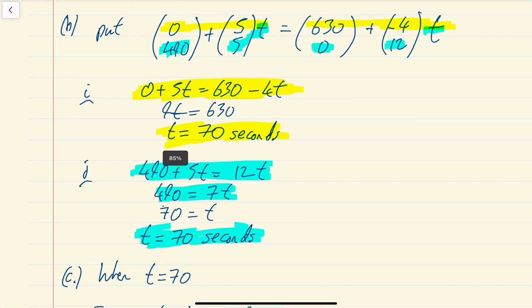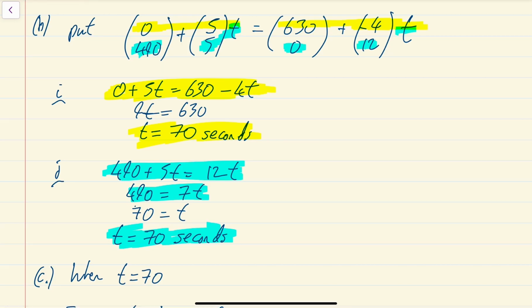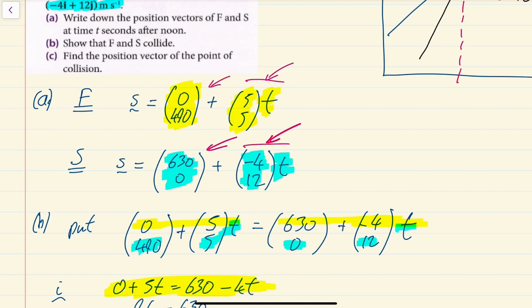To show that they didn't meet, you would have worked this out, and maybe in the second bit, instead of getting this, you would get t is equal to, I don't know, 40 seconds. So whenever their i components are the same, that's 70 seconds, but their j components were the same at 40 seconds. So in that instance, they would not meet. They would just pass each other.